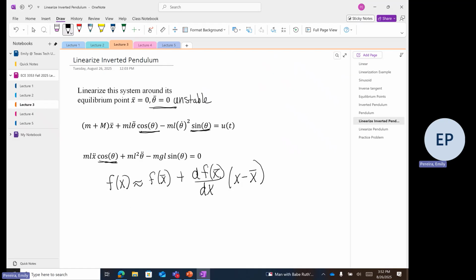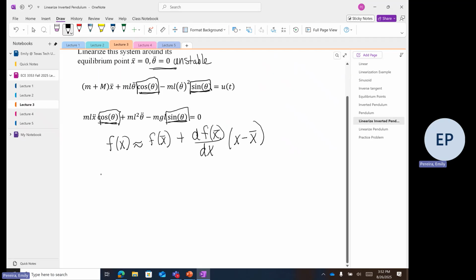So we have them in a couple different places. We're going to linearize the cosine and the sine. The other terms are actually just derivatives, and those are linear inherently.